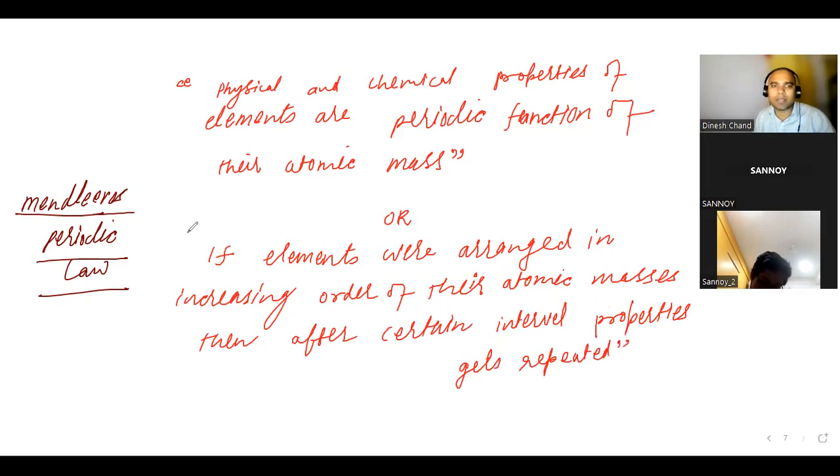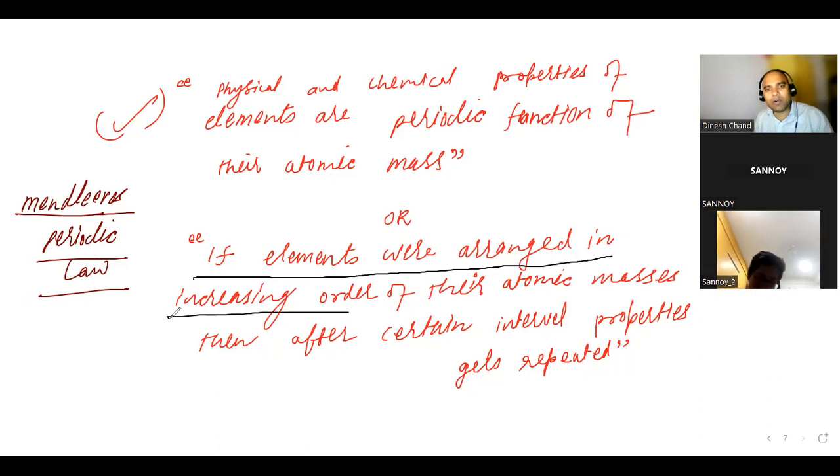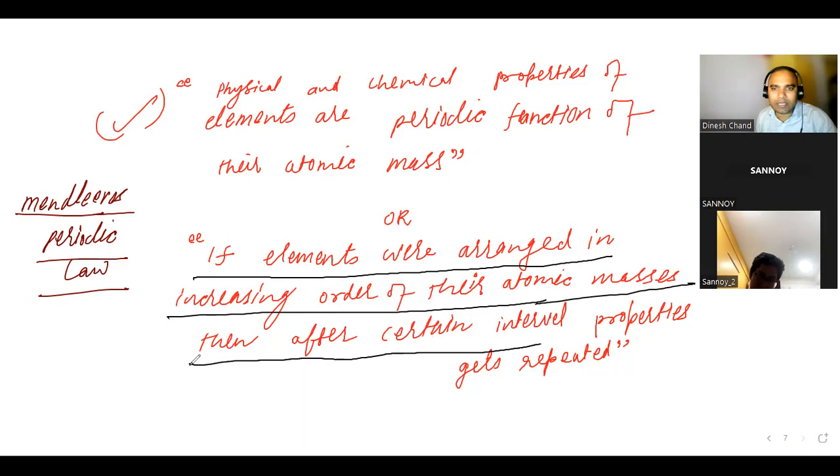Both are there, but what he gave was correct. You arrange the elements in increasing order of atomic masses, then after a certain interval, properties get repeated.